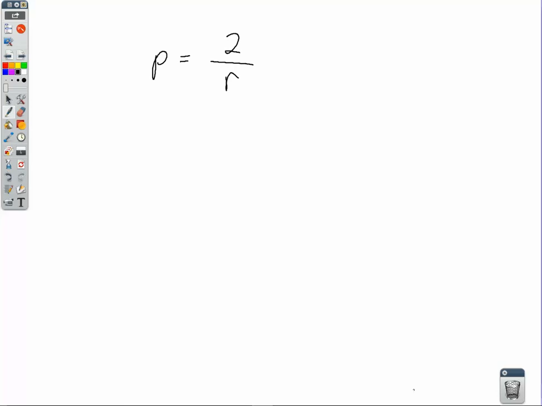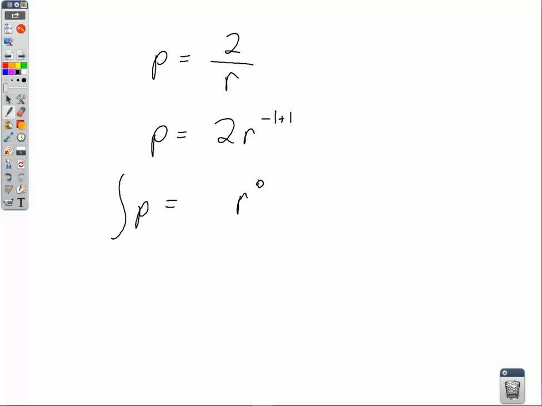And now finally, a cautionary tale. Because there is one polynomial that the antiderivative power rule isn't going to work for. And here's an example. Rewriting this as 2r to the -1, we try and use the power rule. So the antiderivative of p. Again, we add 1 to our exponent. So now we have r to the 0.